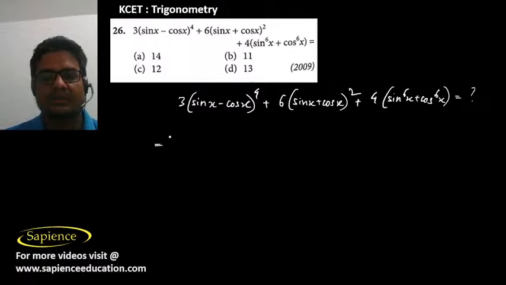So here this is 3 into, first we need to find the square of this, so whole square we can say.